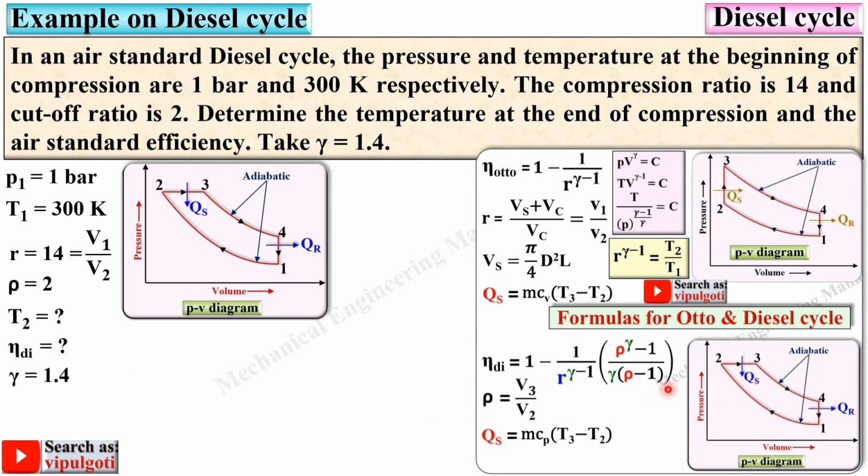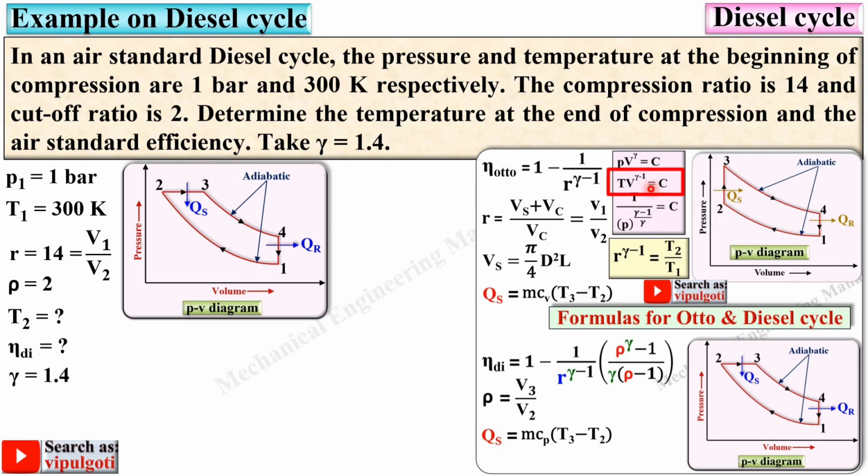Now refer the list of the formulas for the Otto and diesel cycle. Here the question is about the T2. So my dear friend, you can find the T2 from this equation, but unfortunately you don't have the QS as well as the CP. So you cannot use this equation. But you know that 1, 2 is the adiabatic process. And for the adiabatic process, I can use any of these three equations because these three equations are actually the adiabatic equations.